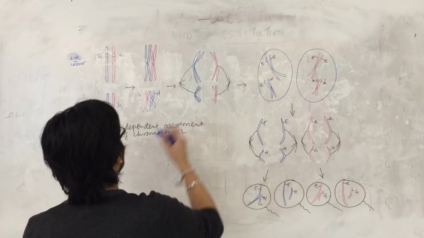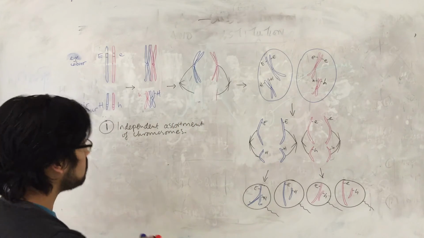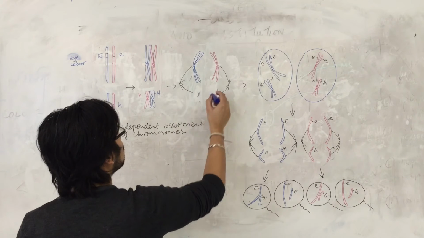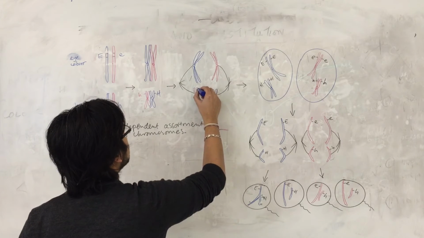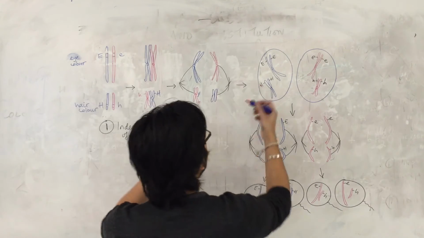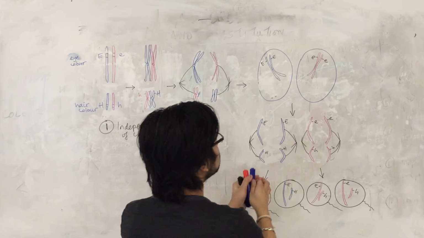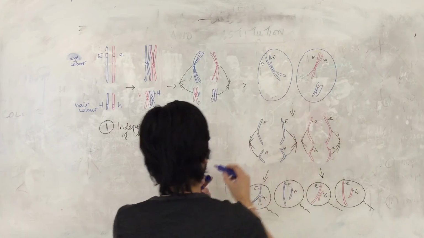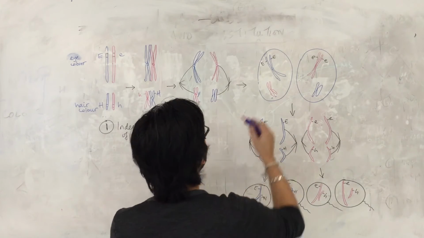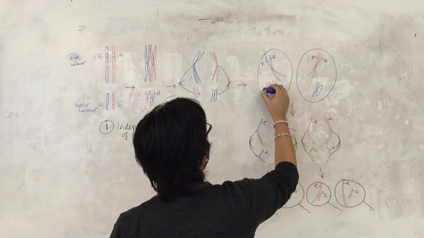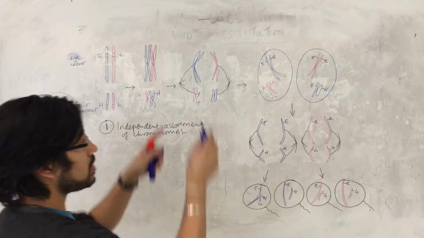At this stage, we would have ended up with the other chromosome on this side, which means that here we would have ended up with a different combination of alleles in each cell, because this cell would have had this one here, and this one here, which means in this cell we would have ended up with our H's, recessive alleles, and in this one we would have ended up with our dominant alleles.